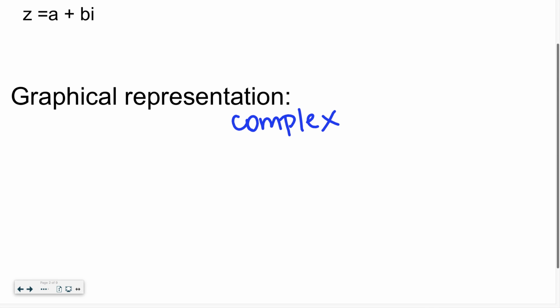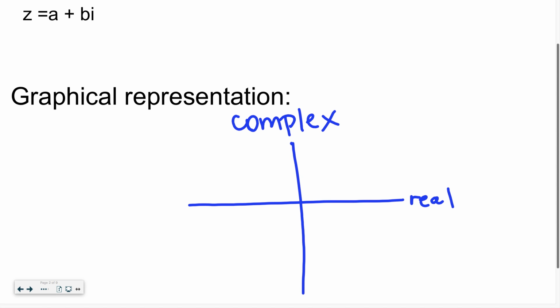The complex plane is made up of the real axis and the imaginary axis. This is just a way for us to graphically represent a complex number. This is not the XY plane. The XY plane is the real plane.